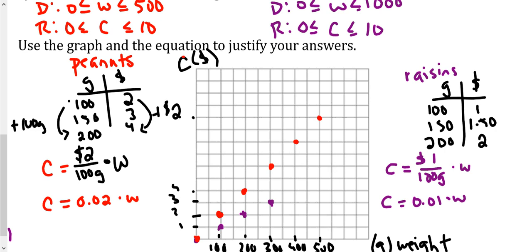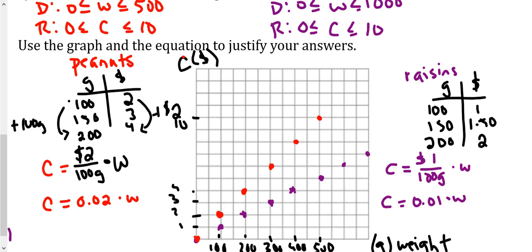The highest this graph will go is up to a 10. Raisins, on the other hand, are going to keep going up. 200 grams, 300 grams, 400 grams, 500 grams. They're going to keep going up until we hit 1,000 grams.